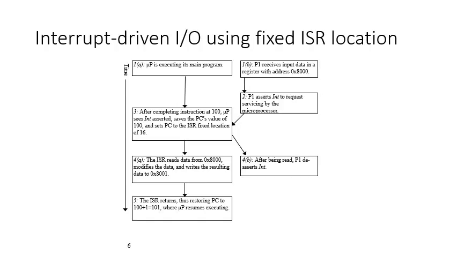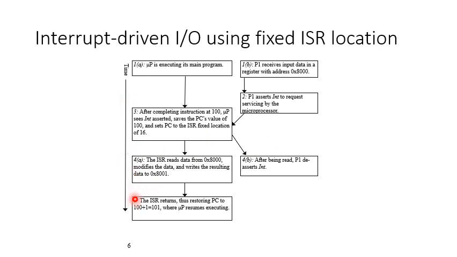In this slide we are going to talk about interrupt driven IO using a fixed interrupt service routine location. You can see here 1A, 1B, 2, 3, 4A, 4B and 5.